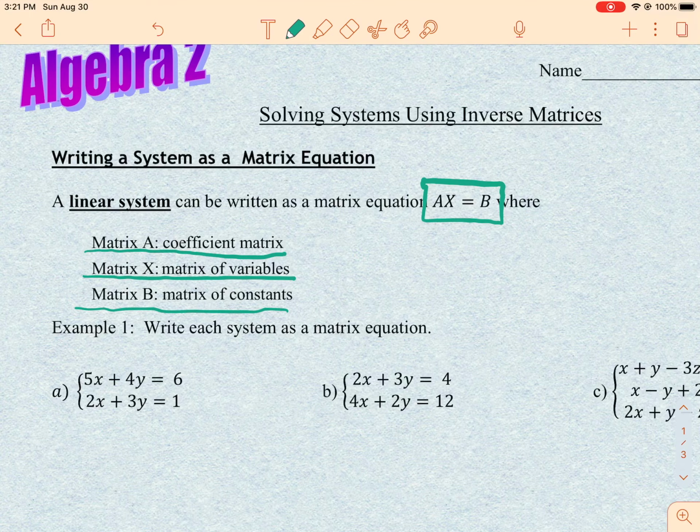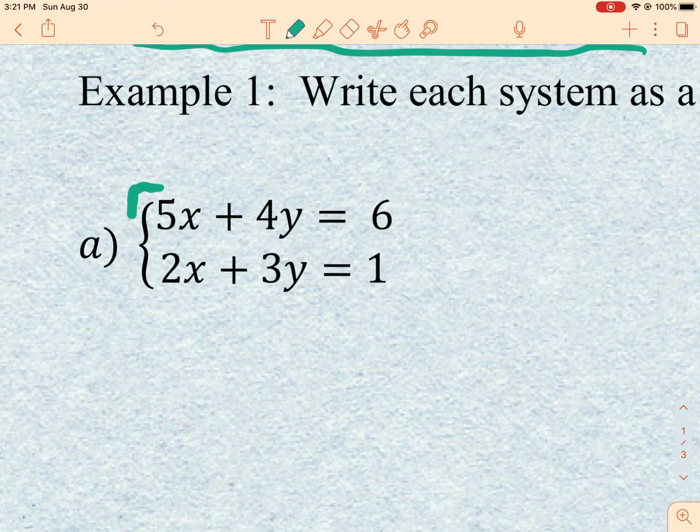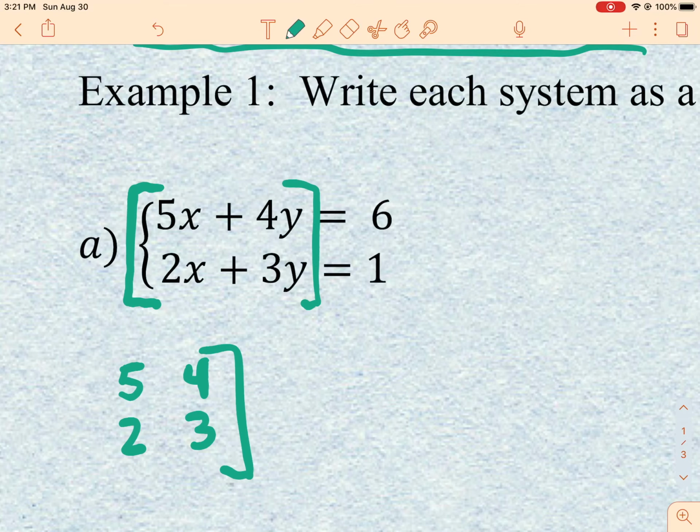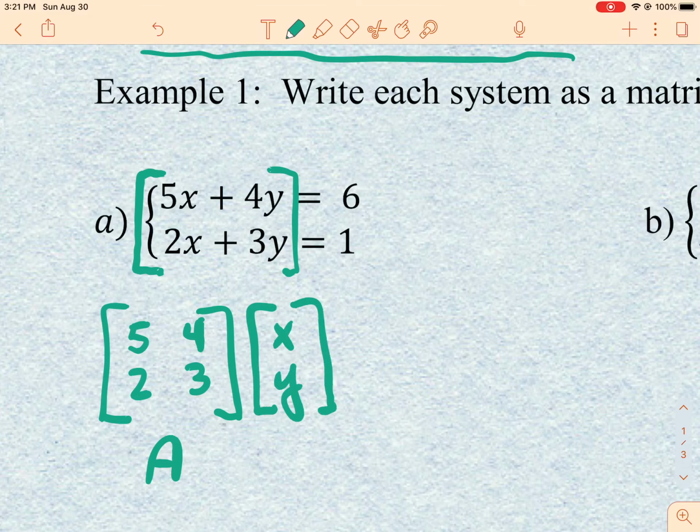The best way to remember this is to look at the system as being like your matrix A. So those coefficients, 5, 4, 2, and 3, would be your matrix A. Your matrix X would be the variables, an X and a Y in this case.